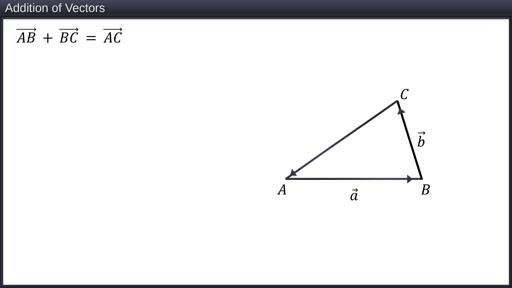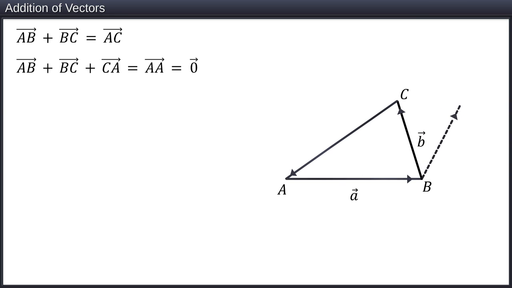The net displacement in moving from points A to B, B to C, and C to A is represented by vector AA, whose initial and terminal points both lie at point A. Thus, the sum of the vectors representing the three sides of a triangle in order is a zero vector.